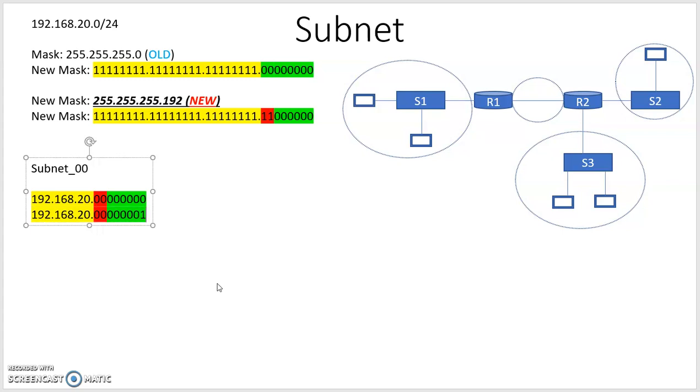Keep going. So let me just copy and paste. So there we go, 00. The next one will be 01, and it will keep going. So let me just copy paste again. 192.168.20.00, and then 3, and next is 4, and so on.